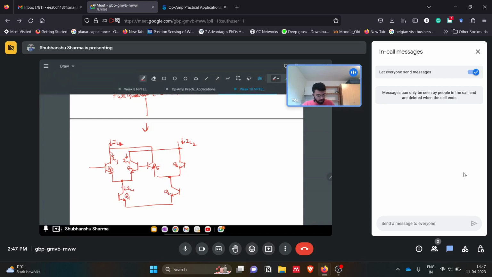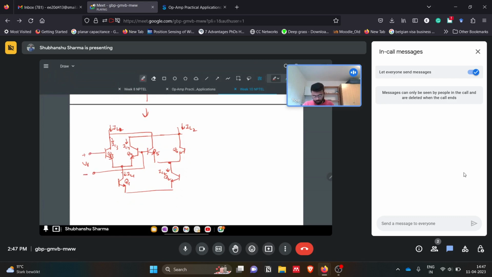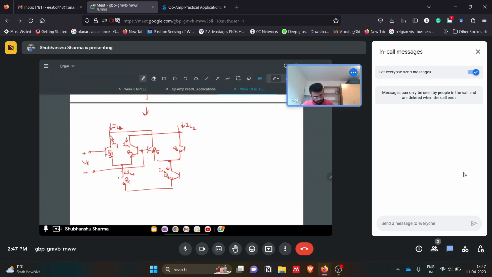We have IC1 collector current here, IC2 collector current here, and then we were getting this plus. This is V1 voltage, the first input voltage, and the second input voltage was given by this, plus, and this was V2, V1, V2. Okay, this is IEE.